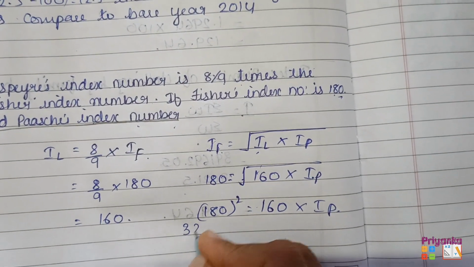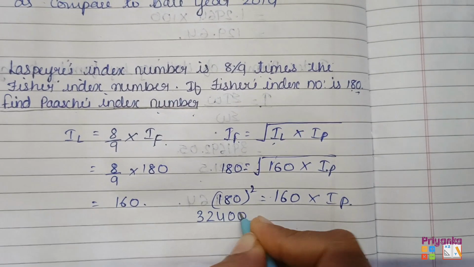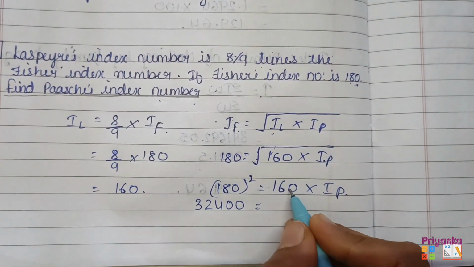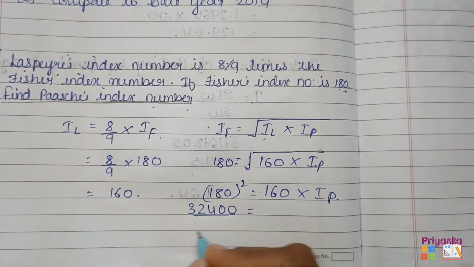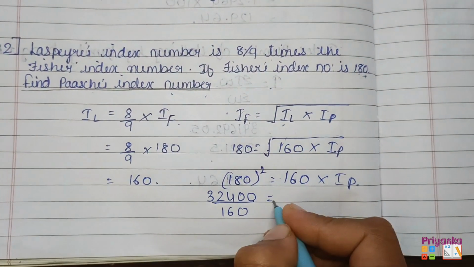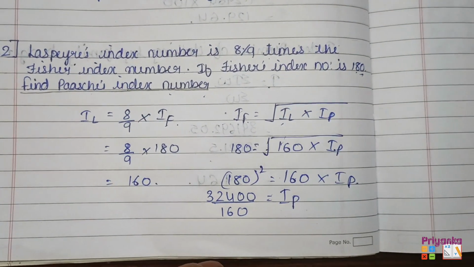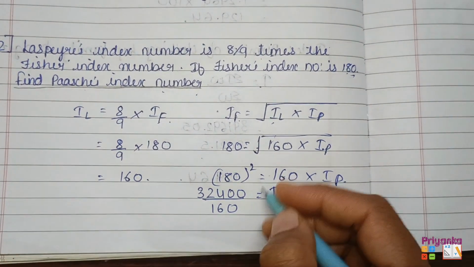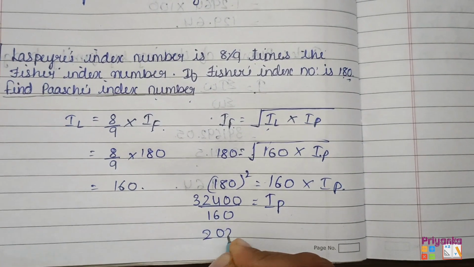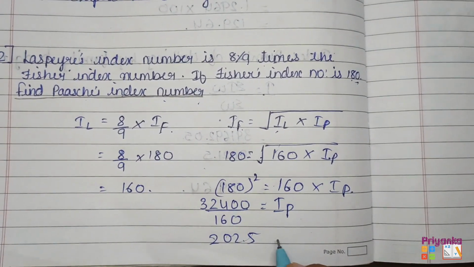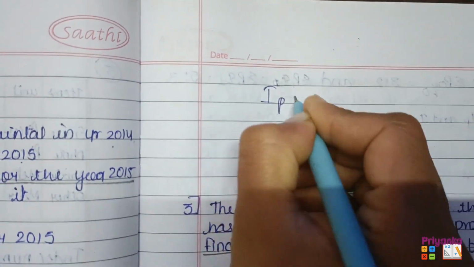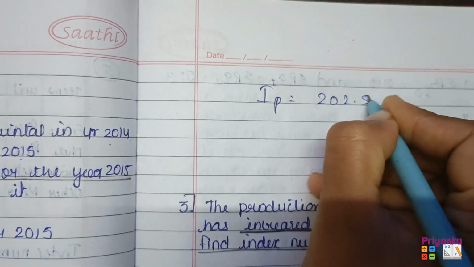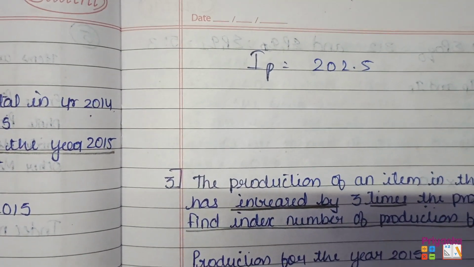Here we get 32400 equals 160 into IP. If I take the 160 to the other side, I can find the Paasche value. By doing this calculation, we get 202.5. That's the Paasche index number we found, so the Paasche index number is 202.5.